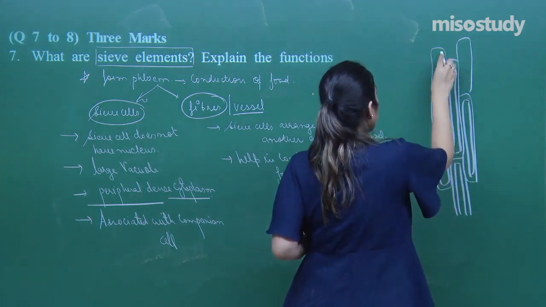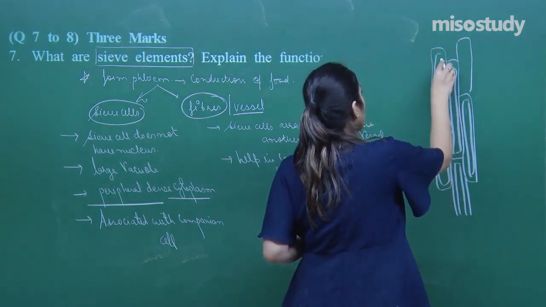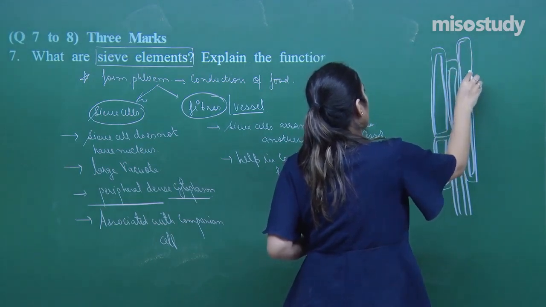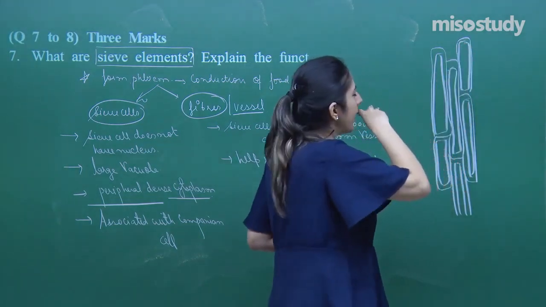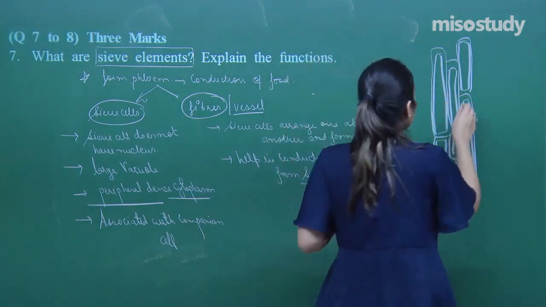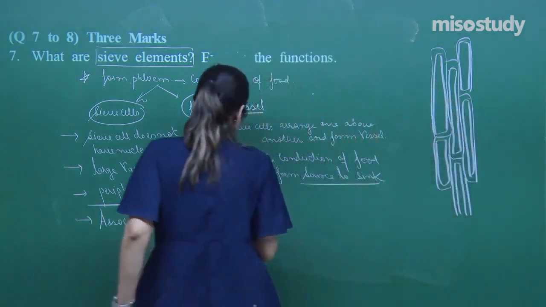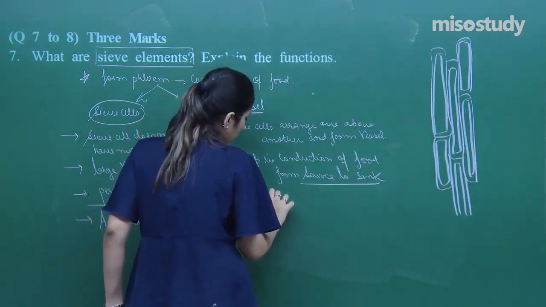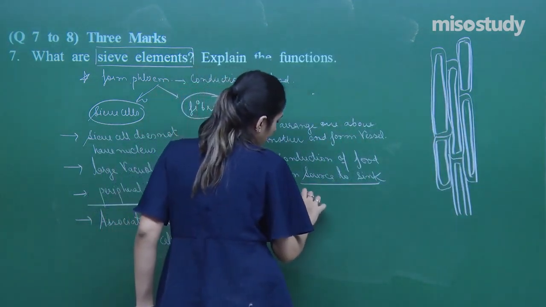This is how the sieve cells are arranged one above the another. One more thing that I would like to discuss, here the end wall is perforated. Let's write here only, end wall is perforated.